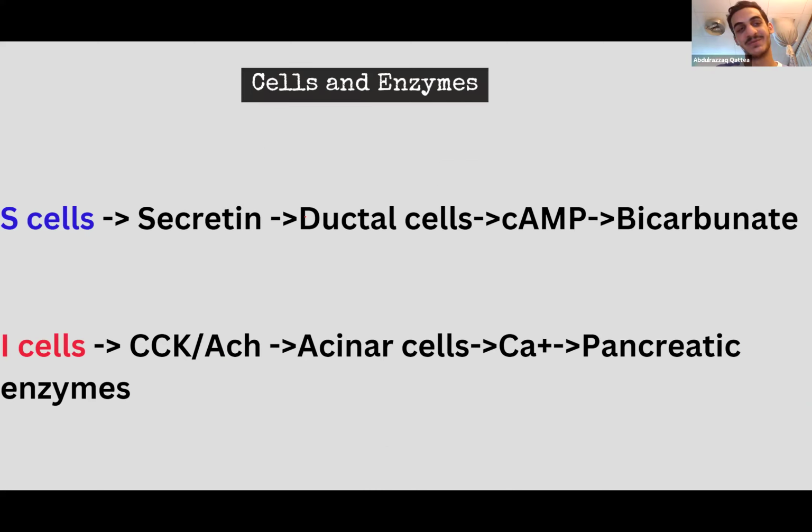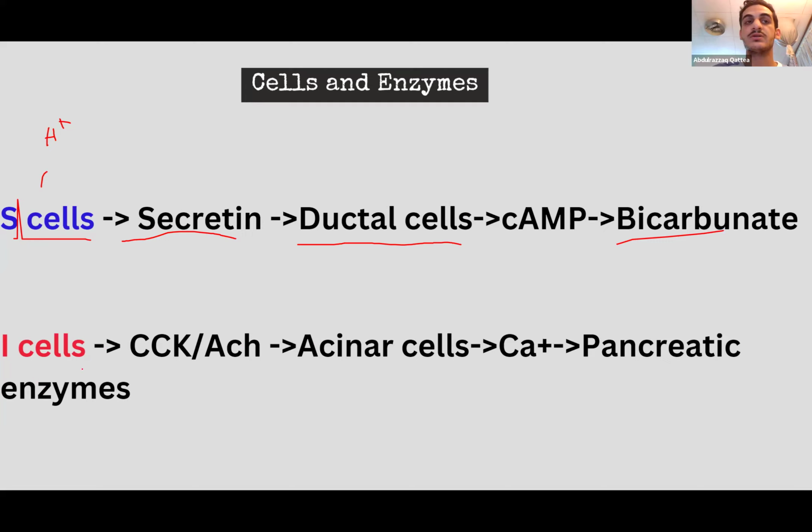And this is again the same concept. I repeated it a lot to make you guys understand it and memorize it. Again, S cells from the duodenum will receive hydrogen, and then release secretin, and secretin will go to the ductal cells. Why ductal cells? Because ductal cells have the bicarbonate.